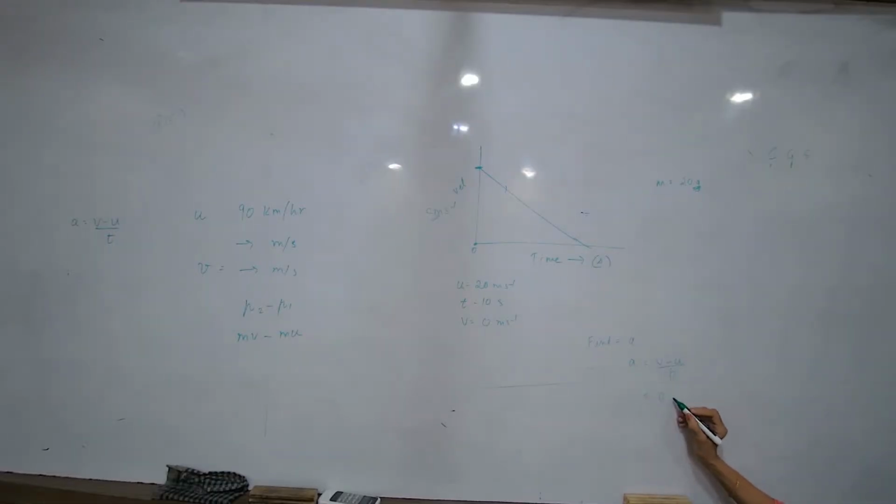V is 0, U is 20, and time is 10. Minus 40.